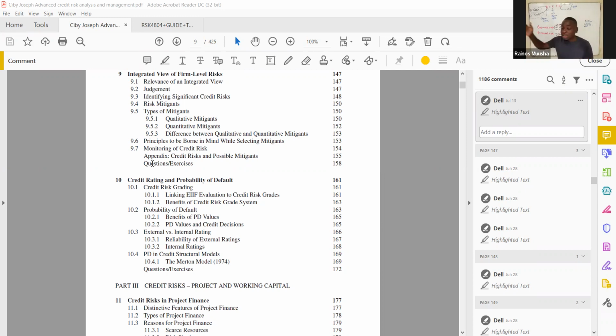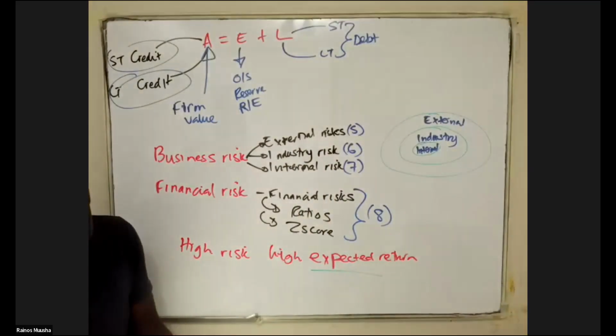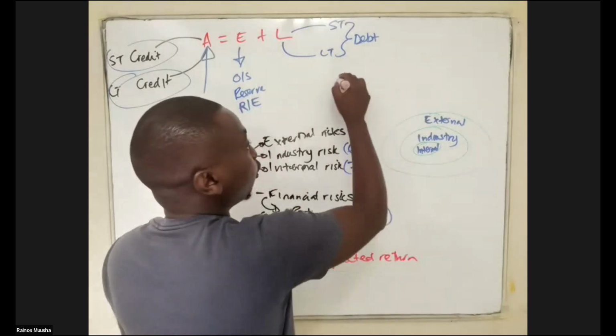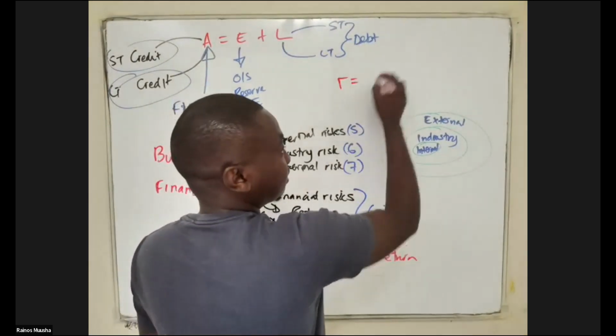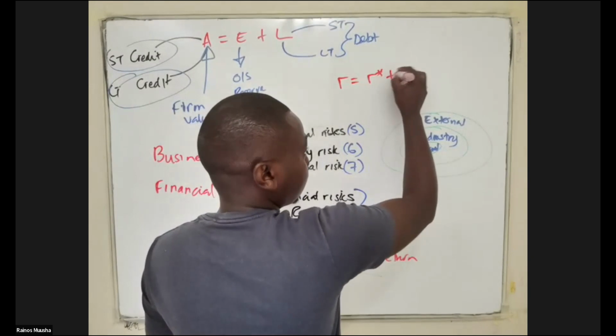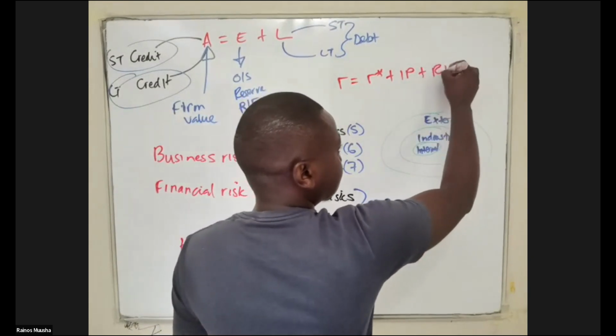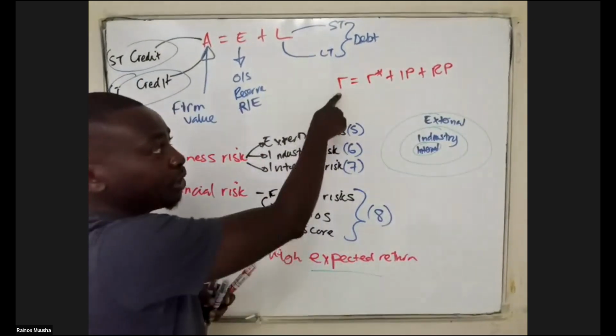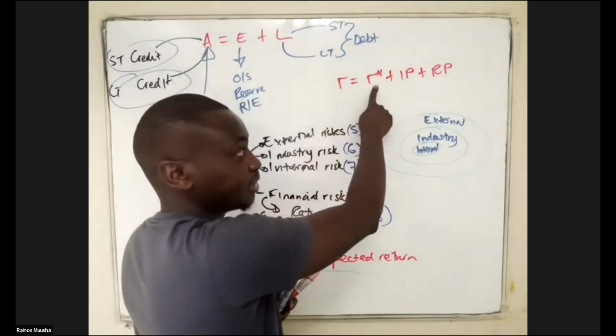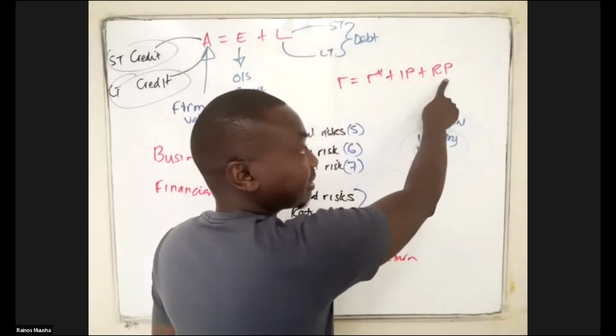Based on the probability of default, how do we determine the credit pricing? When you look at credit pricing, which we are going to be looking at later on, but I'm going to discuss it now as well, we know that your nominal interest rate is given as your real rate of interest plus inflation premium plus risk premium.